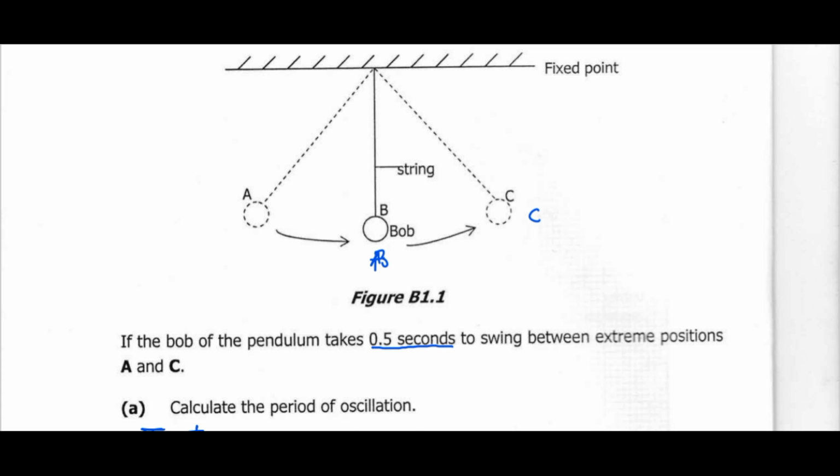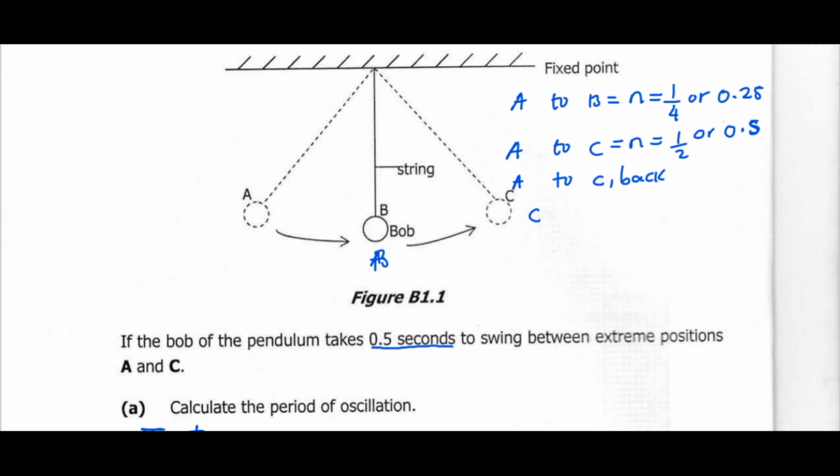So the first point here is, if the bulb moves from A to B, then the number of oscillations N will be equal to 1 over 4. 1 over 4 is the same as 0.25. Then if a bulb moves from A to C, N will be equal to 1 over 2 or 0.5.